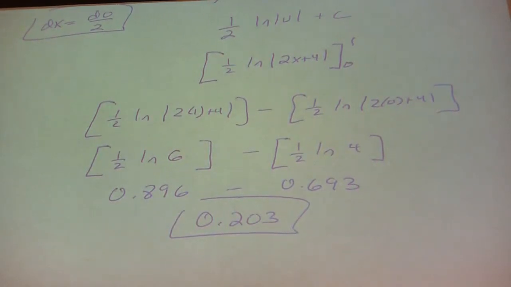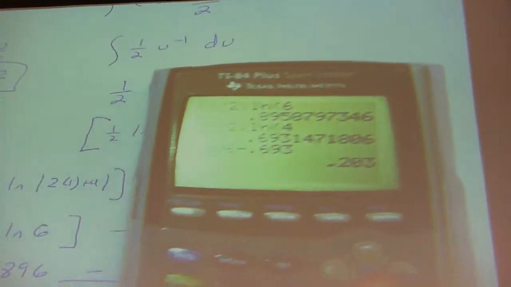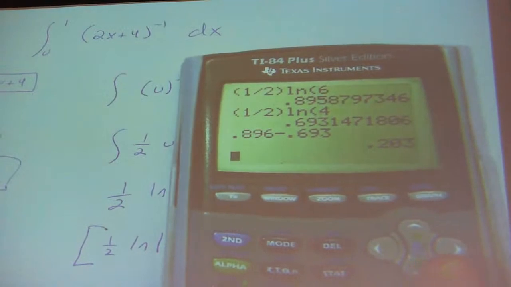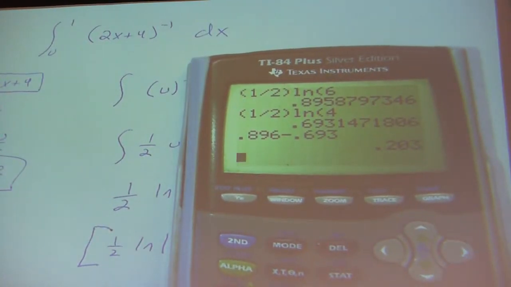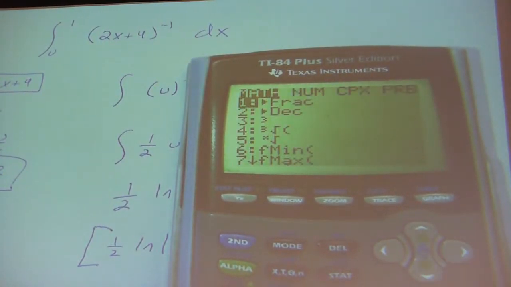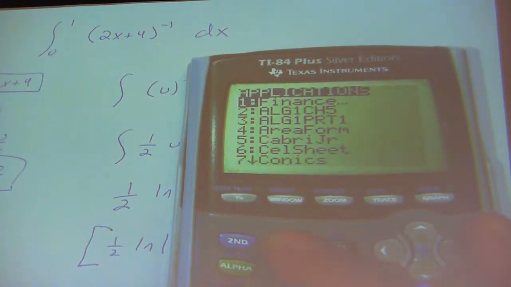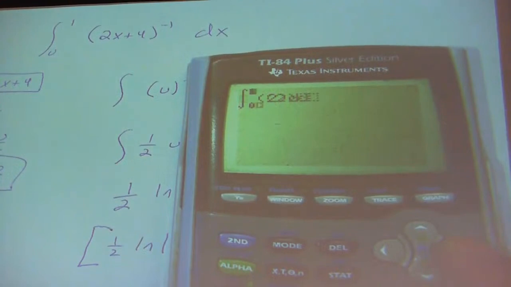Now, let's all practice in the calculator. I'm going to do this one up here. And again, you can type in the original or that one, but I'm going to put math 9, 0 to 1, parentheses are important, 2x plus 4 parenthesis raised to the -1.